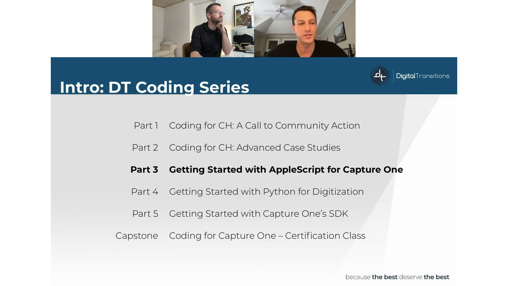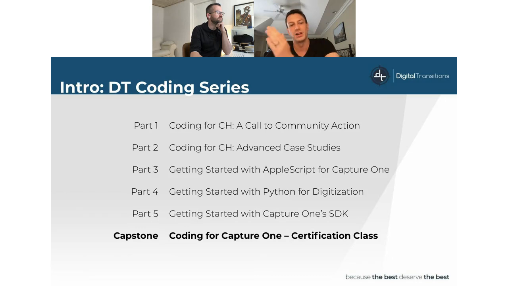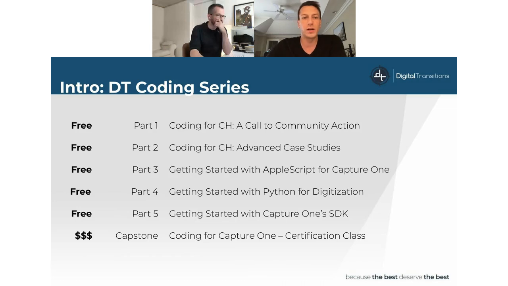We'll do that from start to finish. In parts 4 and 5, we'll be doing the same sort of thing, starting from the beginning, doing examples, and we'll be doing those for Python and the Capture One SDK, 2 other methodologies of coding and imaging workflows. If you are unclear on the differences between AppleScript, Python, and the Capture One SDK, I would refer you back to Coding Part 1.